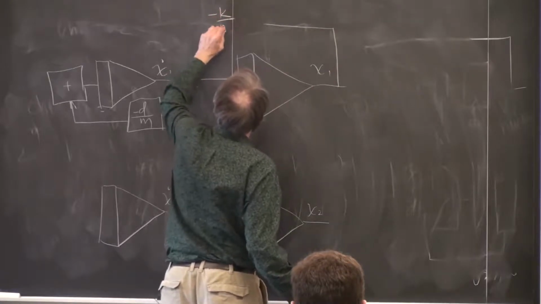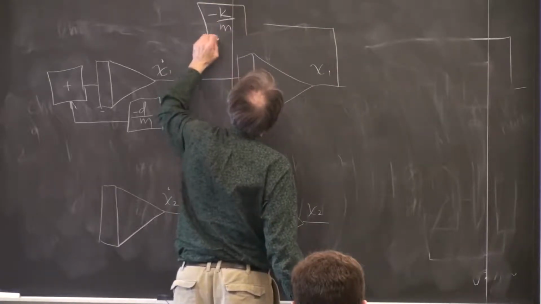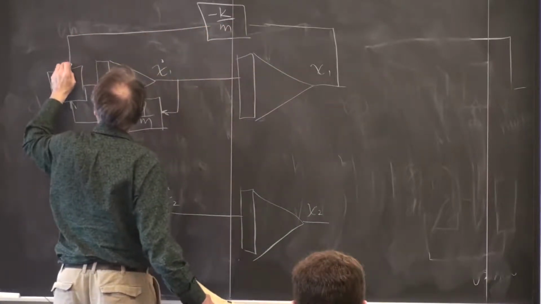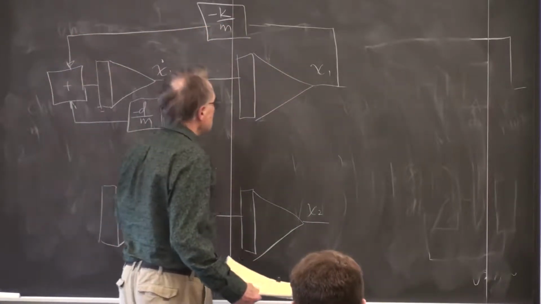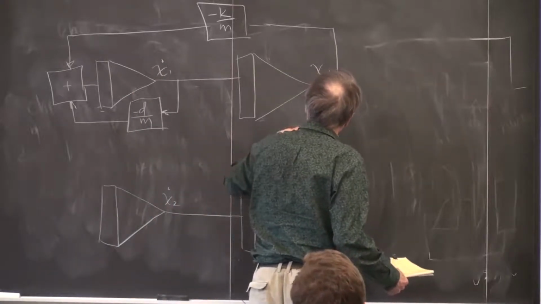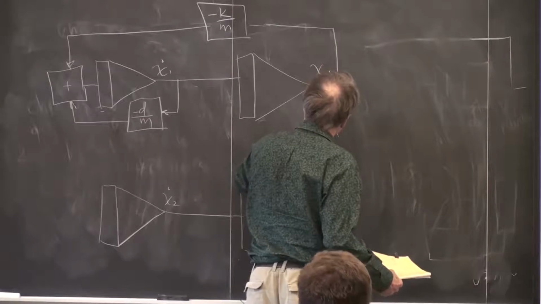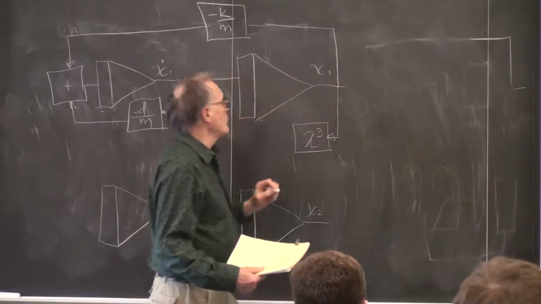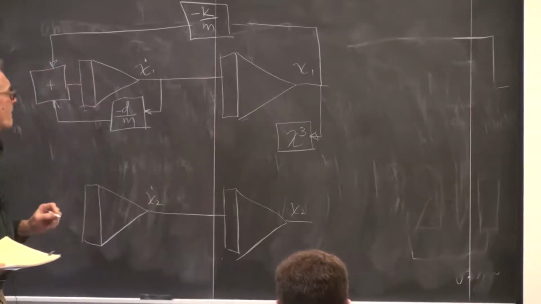minus k over m times the position, the nonlinear term x cubed here, taking the output and cubing it.